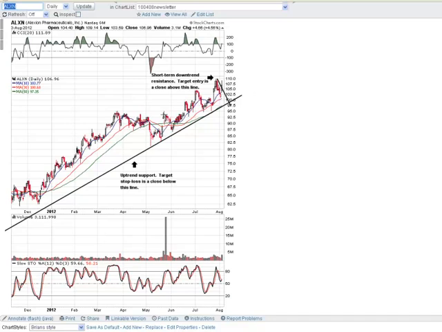And those familiar with IBD and their methodology and their books will recognize that the ascending base pattern is one of the top patterns that they trade, and one of the most bullish ones that a lot of traders don't know about. But this pattern normally occurs soon after a breakout of a more typical pattern, which is generally a double bottom pattern or a cup with handle pattern.